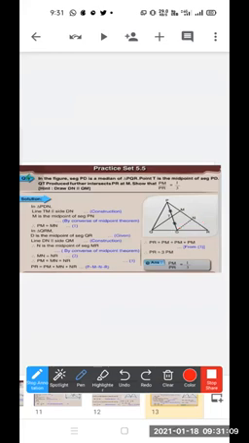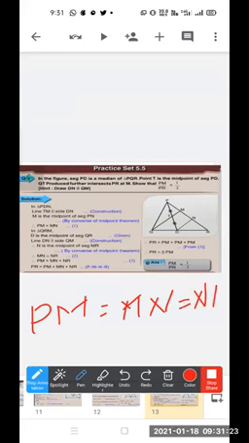You'll get MN is equal to NR. Second condition. So PM is equal to MN and MN is equal to NR. If you compare both the conditions, you'll get PM is equal to MN and MN is equal to NR.